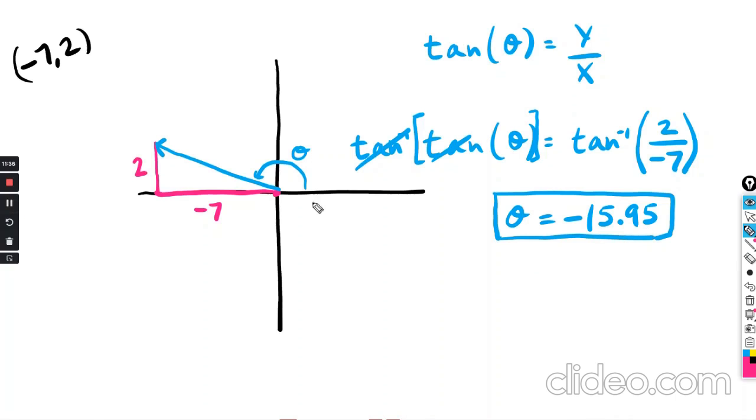That would be in this quadrant right in here, but we want the one over here. So why is the answer incorrect? If you went +7 on the x and -2 on the y, you would have this vector right here.